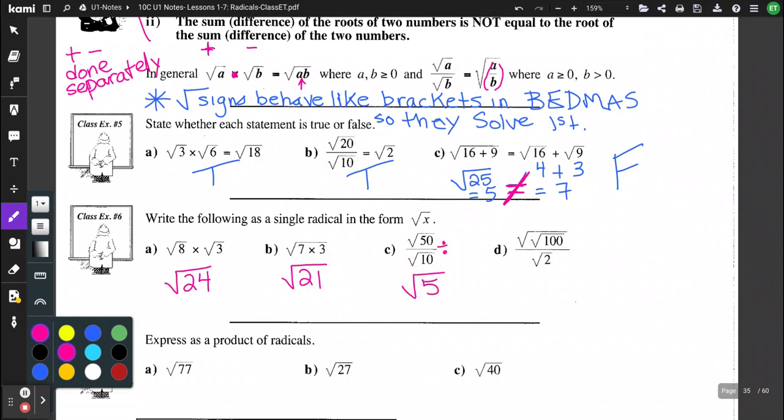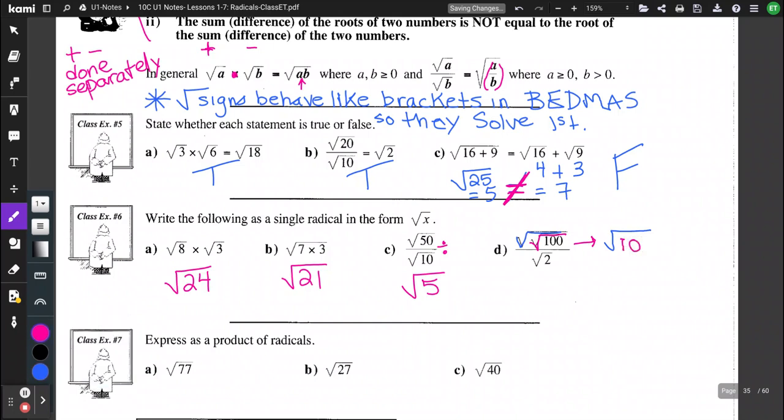Now I need to do a double root. So what is this? You have to do the inner root first, this one first. So what is the square root of 100? 10. So the outer root is still there, but now the pink part I solved and got a 10. And now I'm dividing that by the bottom.